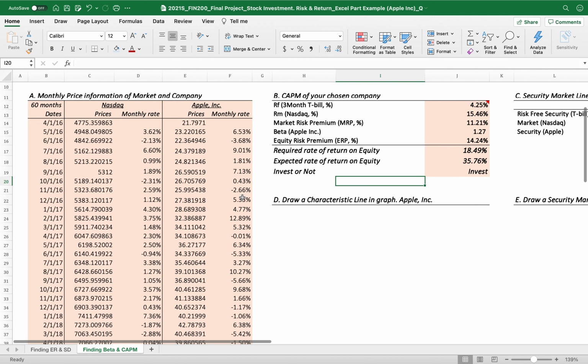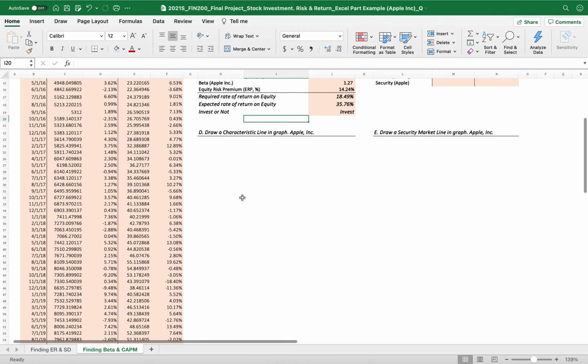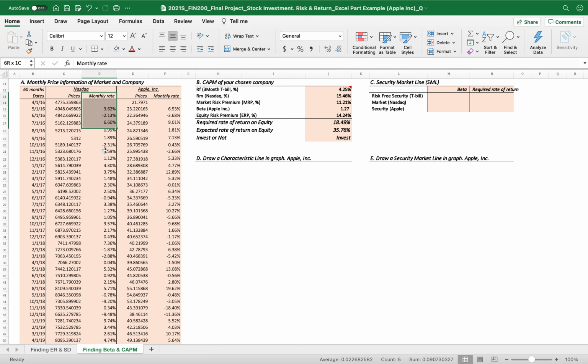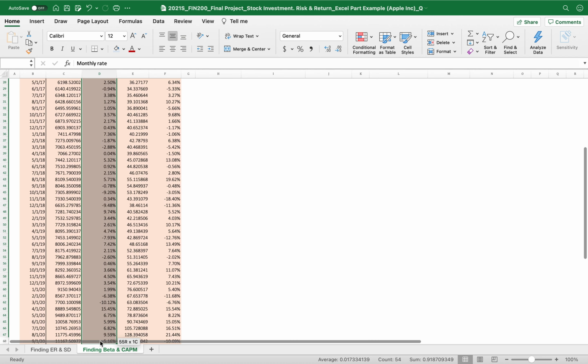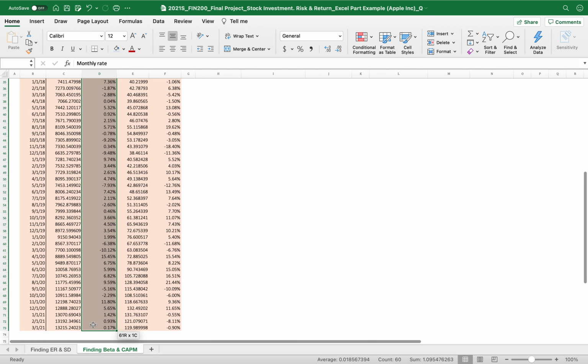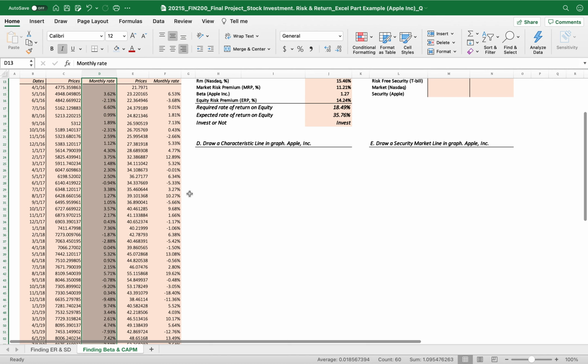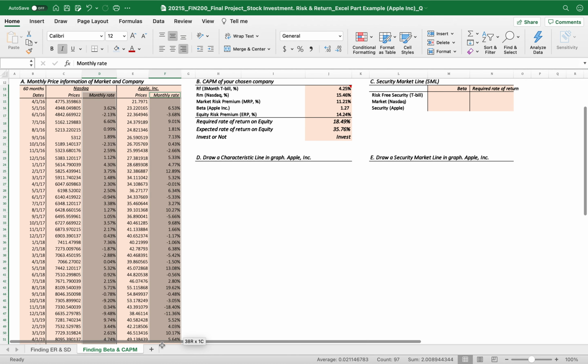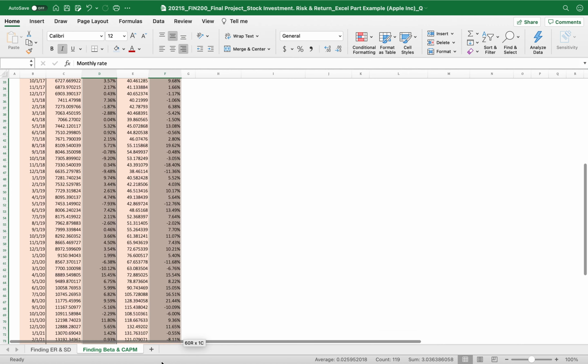So how do you draw the characteristic line? Here we go. We take the monthly rate of the market as well as the monthly rate of Apple, and we drag these two parts.